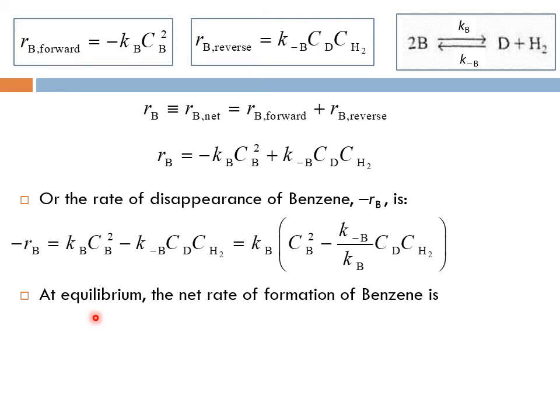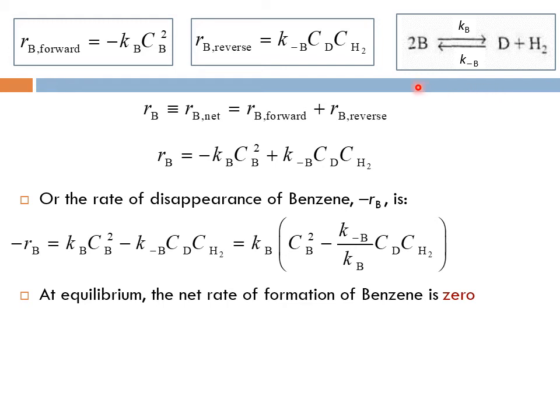At equilibrium, the net rate of formation of benzene is 0. Of course, because at equilibrium, the forward rate of reaction equals the reverse rate of reaction.